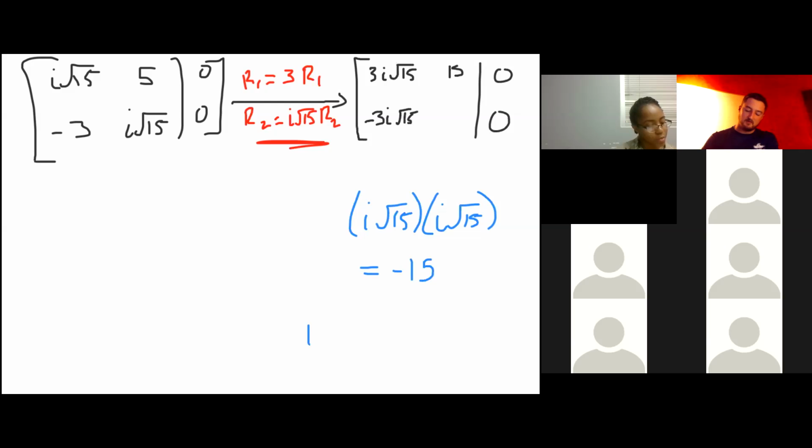But I've got to remember I'm also multiplying two i's together, which means this is the square root of negative 1 quantity squared. Square and square root would cancel each other out, and I'm left with a negative 1. So I'll get a negative 15 in that bottom right hand corner.